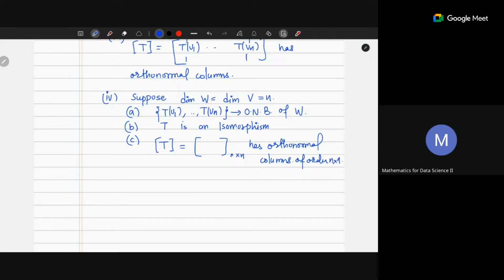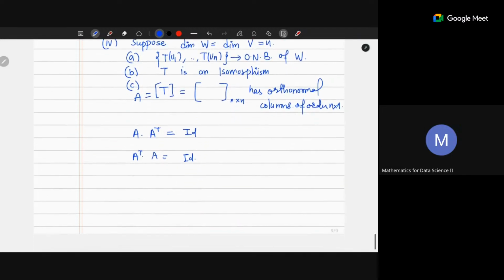So if I call this matrix A, it will satisfy the condition that A times A transpose is equal to the identity, as well as A transpose times A is also equal to the identity.